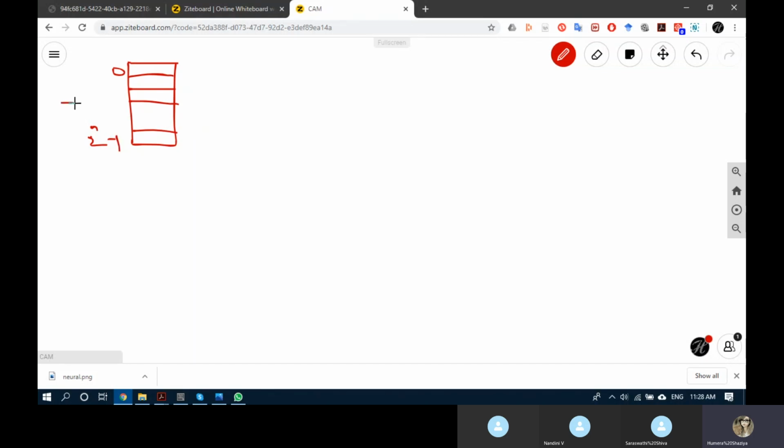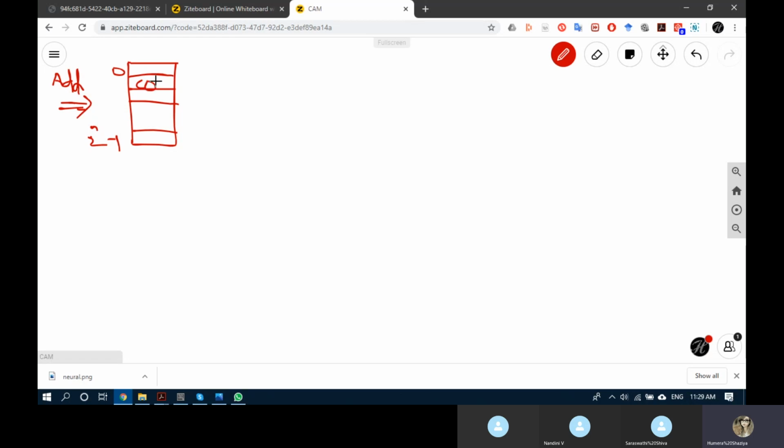What is given to RAM? If you want to read data stored in the RAM, what is given? Address is given. You specify the address. This is our content.